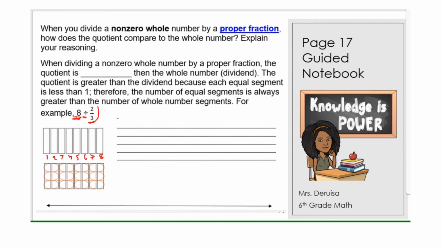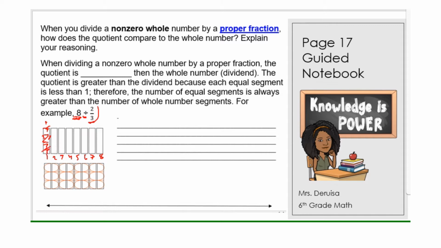So in order to make groups of 2/3, I need to first show thirds. That means I need each whole to be broken up into thirds, which means I need 2 lines. 1, 2 lines. So this is going to be 1/3, this is 2/3, and this is 3/3.